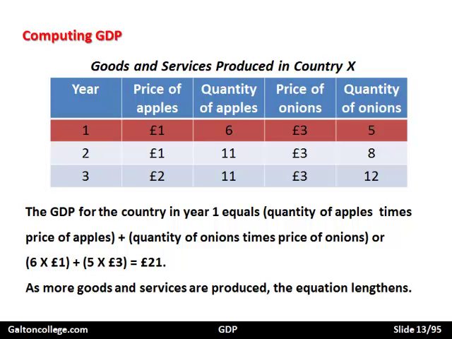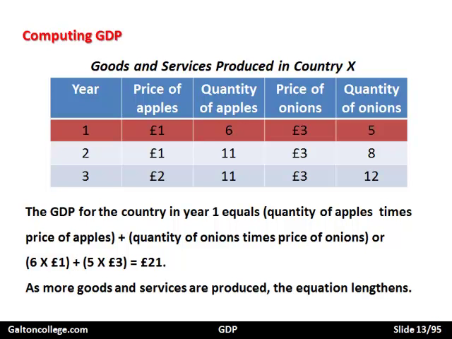So if we look, the price of apples is £1 and 6 apples are produced. So it's 6 times 1 plus 5 onions are produced. The price of onions is £3. So it's 5 times 3, 15. 15 and 6, 21. So in this case, the GDP is 21.